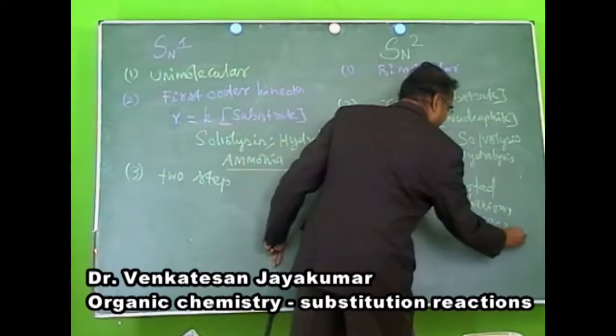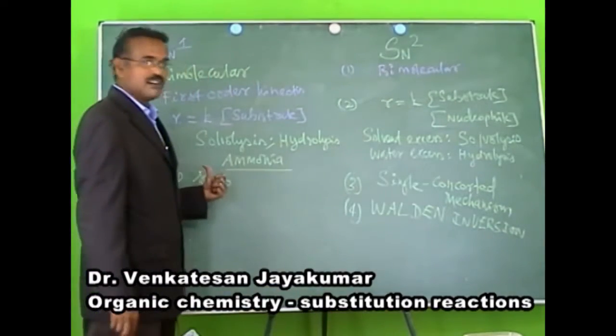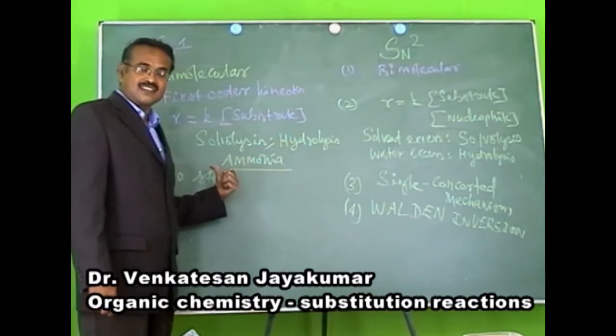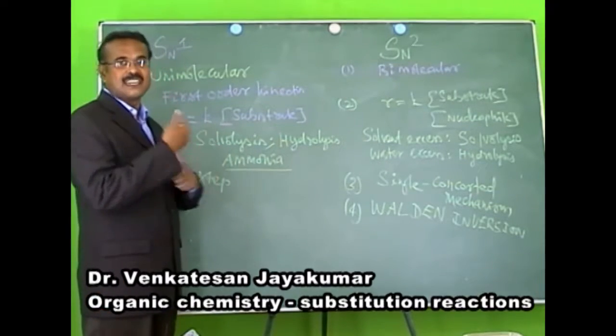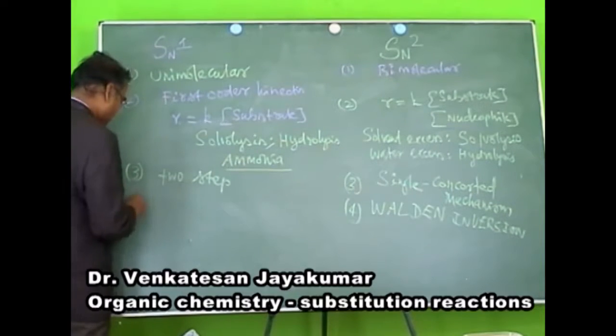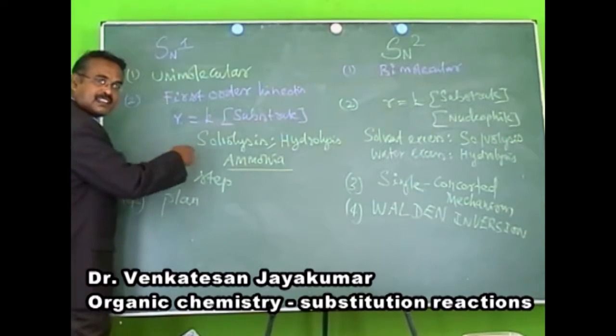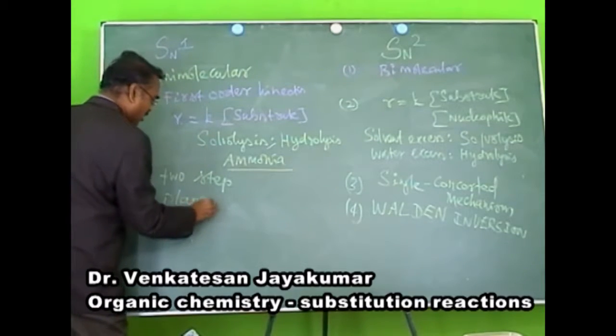Whereas in the case of SN1, no inversion. Here retention of structure as well as racemization takes place. Here a planar carbonium ion is involved.